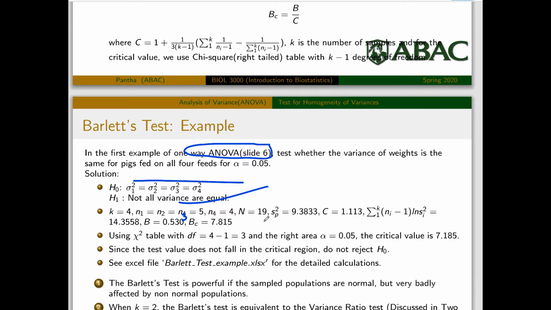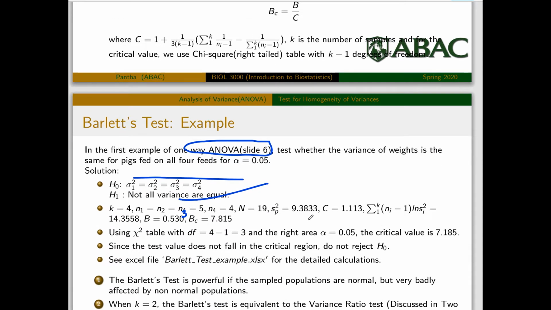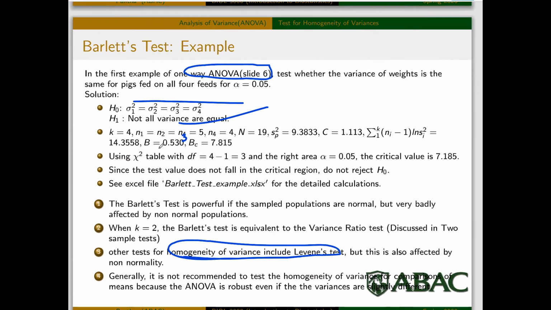N1 and N2 are 5, N3 is 5, N4 is 4, and N, the total sample data, is 19. The pooled variance, we use this formula to find it, is 9.3833. C, from this formula, is 1.113. And summing those, we are about to find B. That value is 14.3558, and B we got is 0.530, and B sub C is 7.815.